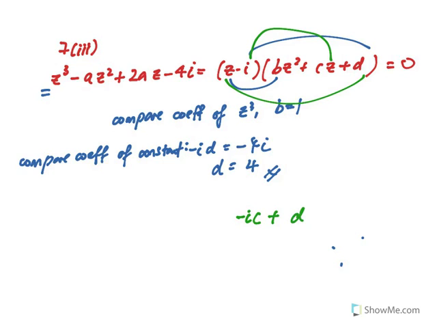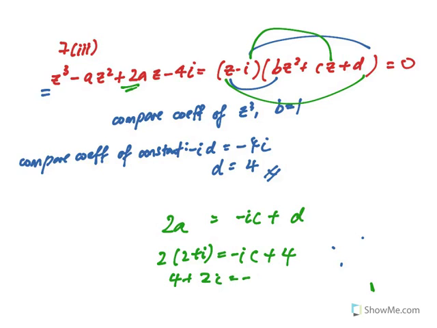On my left hand side, the coefficient of z is just 2a. From part 2 we know that 2a is 2 plus i, so that gives 4 plus 2i. Okay, and we are done.